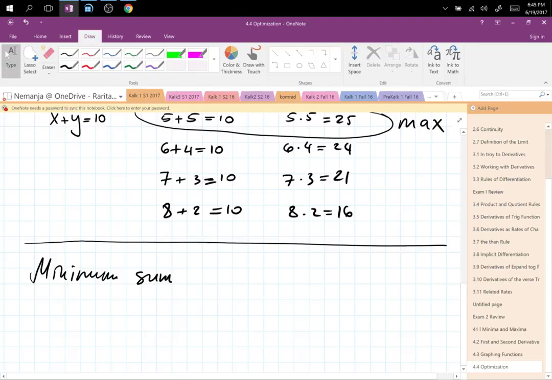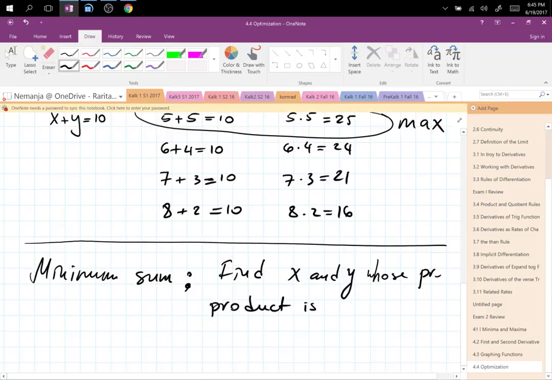Find positive numbers x and y whose product is 50.